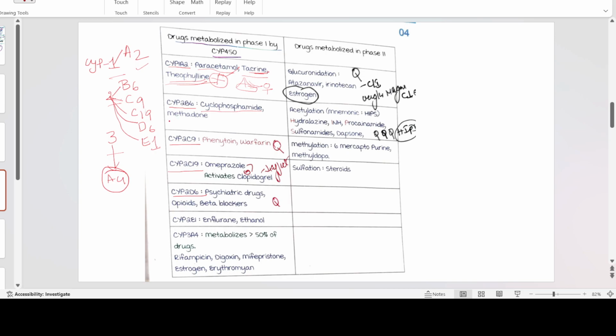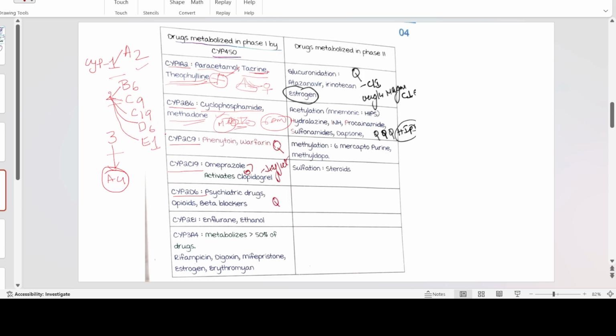You have cyclophosphamide and methadone. Remember this as B. You got a cycle, and this is cycle, cyclophosphamide. You met methadone, you met your girlfriend at 6 a.m. So CYP2B6 has cyclophosphamide and methadone.